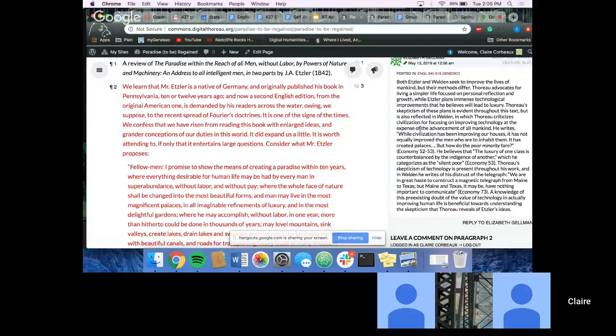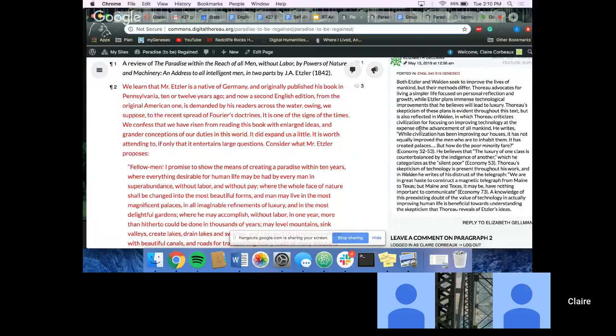I also thought, going off on his sarcasm, I wouldn't have caught this if it weren't for the comments that we had to leave on the text. I was going through it towards the end. He says Etzler thinks he can create a Mahometan's heaven, and I was like, what is that? And then I looked it up, and it's a Western usage for the Muslim religion that Muslims never used and no one uses anymore.